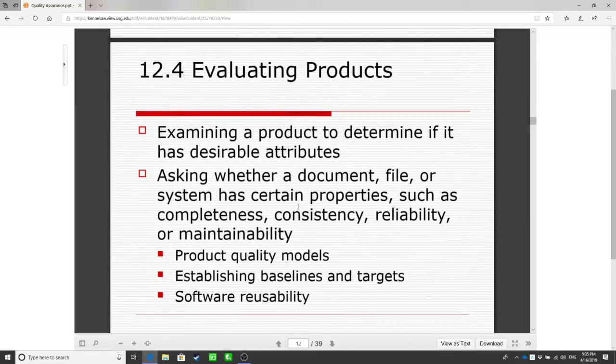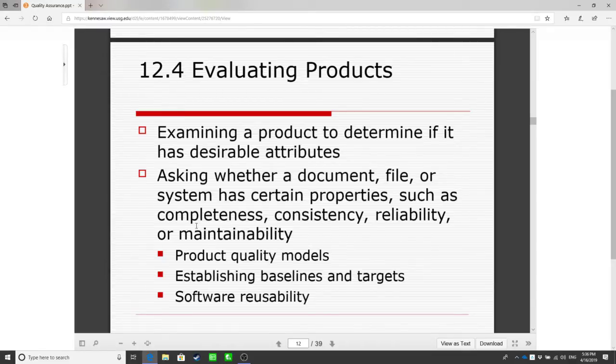So what are we measuring? We cannot directly measure quality, but we're measuring different perspectives of quality. We examine a product to determine if it has desired attributes.